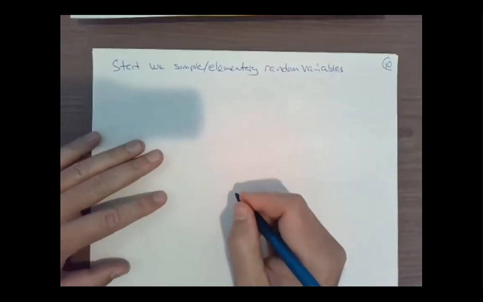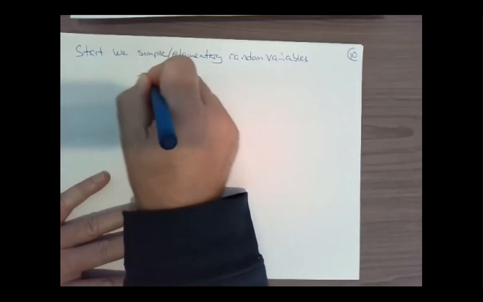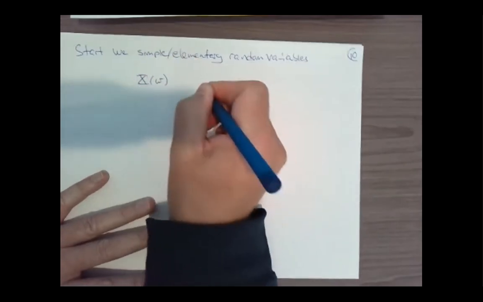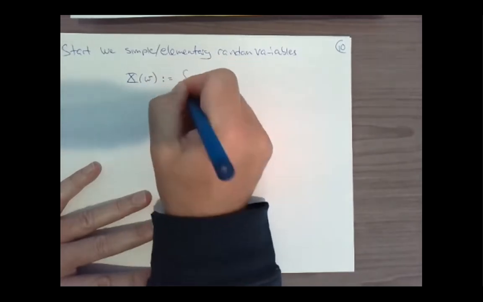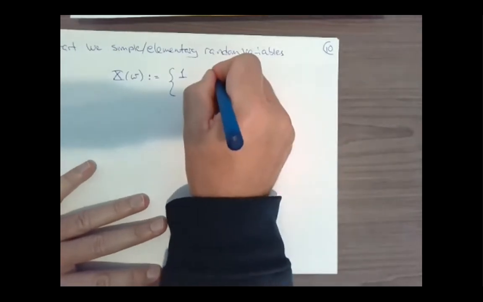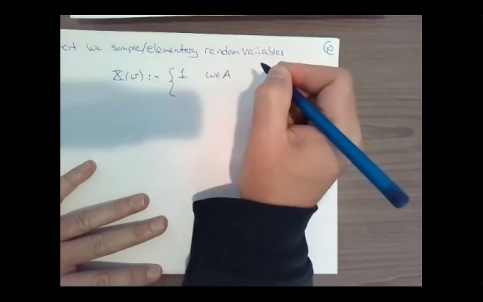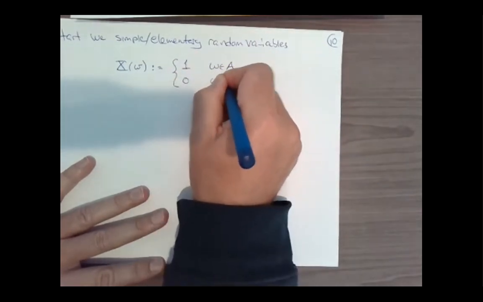These guys are like X. So this is my random variable. X of omega is defined to be, say, 1 if omega belongs to some set A, and 0 if omega is not there.